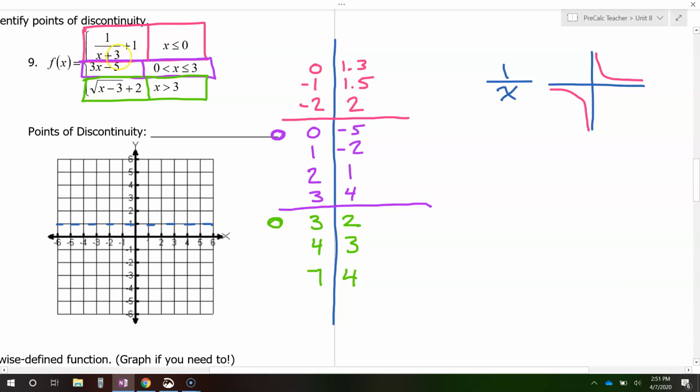The plus 3, this is a left-right motion, and it's the opposite of what it looks like. So this plus 3 is actually going to be left 3. So that means the vertical asymptote, which was the y-axis, will now be at -3.